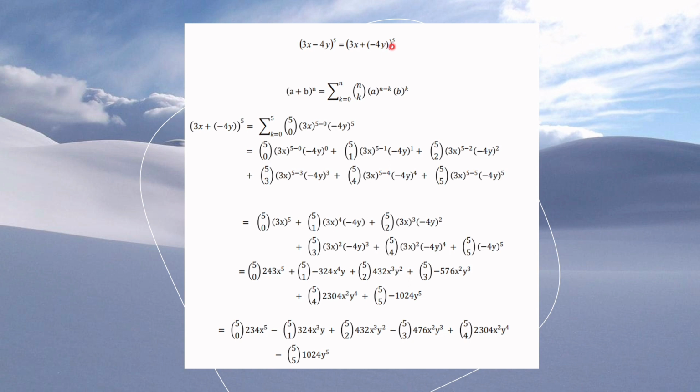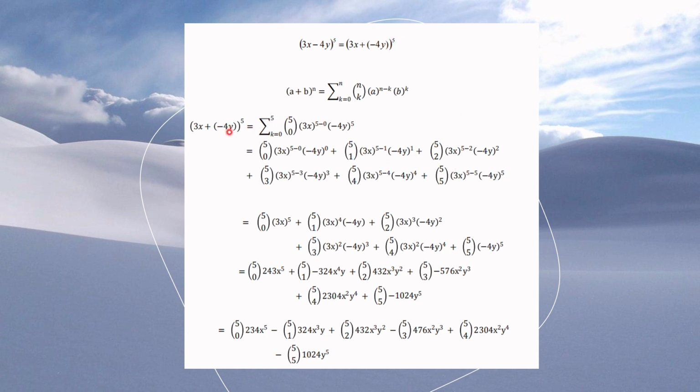In this question, the value of a is equal to 3x, b is equal to negative 4y, n is equal to 5, which makes it the power of 5, and k starts from 0 until 5 since n is equal to 5.